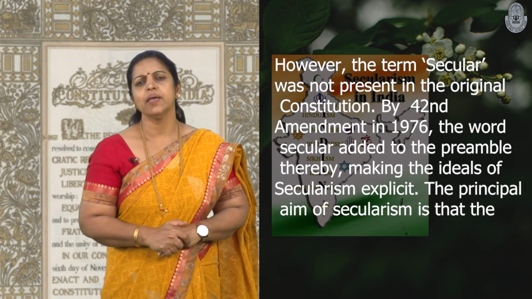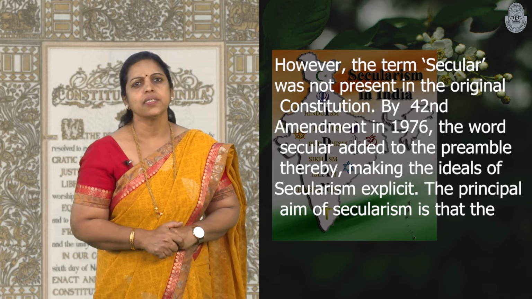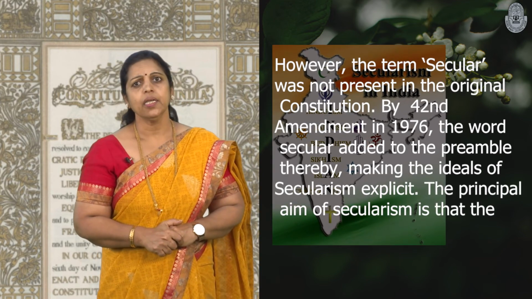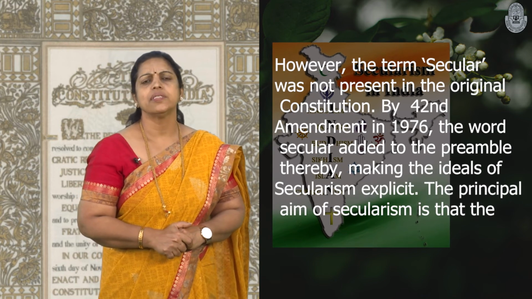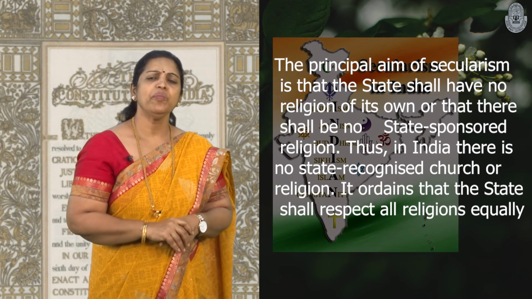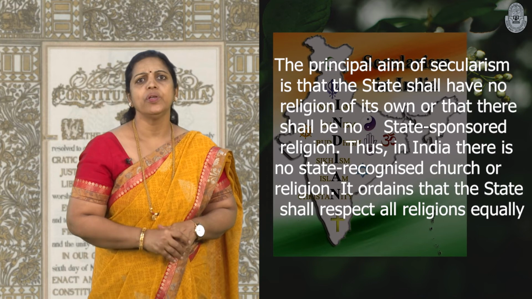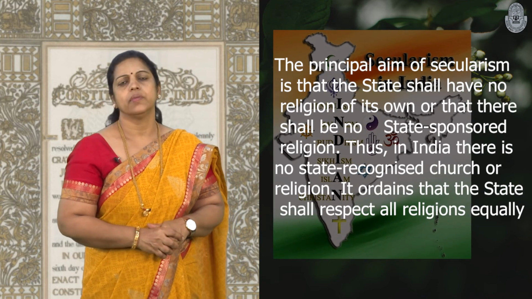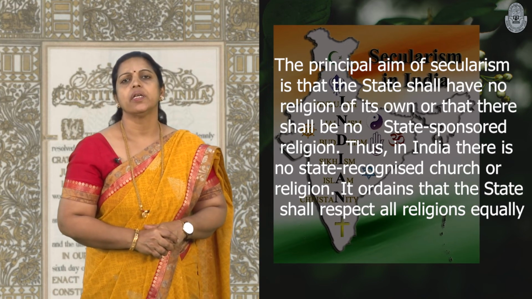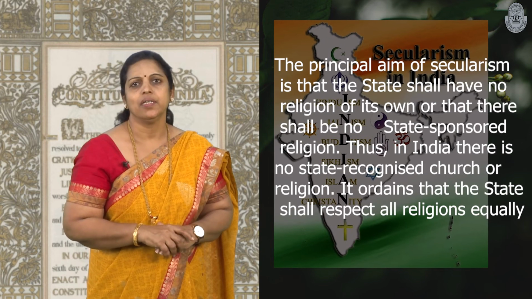By the 42nd Amendment Act in 1976, the word secular was added to the preamble, thereby making the idea of secularism explicit. The principal aim of secularism is that the state shall have no religion of its own, or there shall be no state promoted or state sponsored religion.